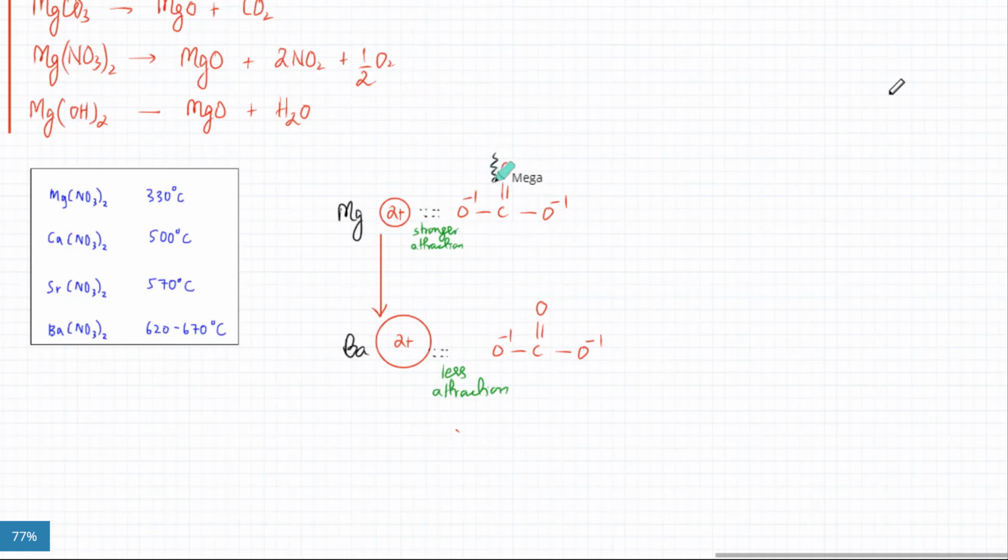The oxygen and its electrons and the negative charge would be so strongly attracted to magnesium that the carbonate ion would simply break down, and the carbon dioxide would be released, and Mg would end up bonding with the oxygen in the carbonate, because Mg would be pulling the oxygen so strongly that the oxygen would break away from the carbonate and bond with Mg instead.